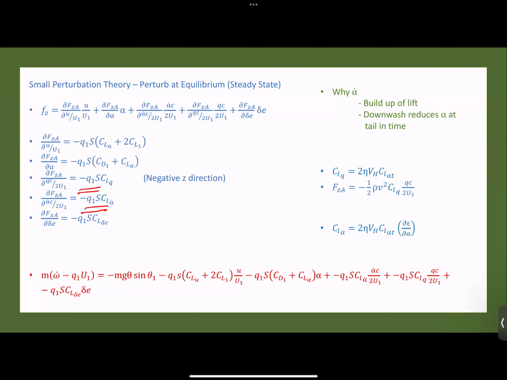Why do you have a negative sign there? In which direction, as far as the XYZ body frame is concerned, is the lift generated?